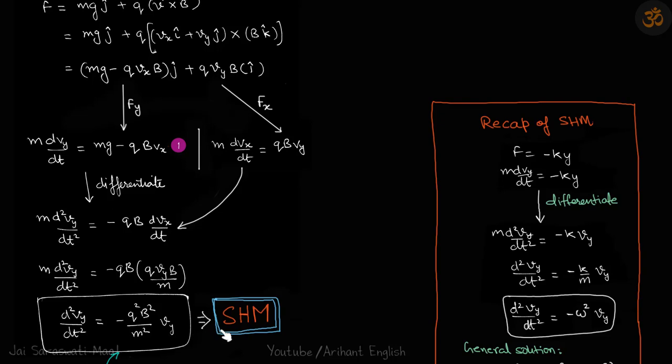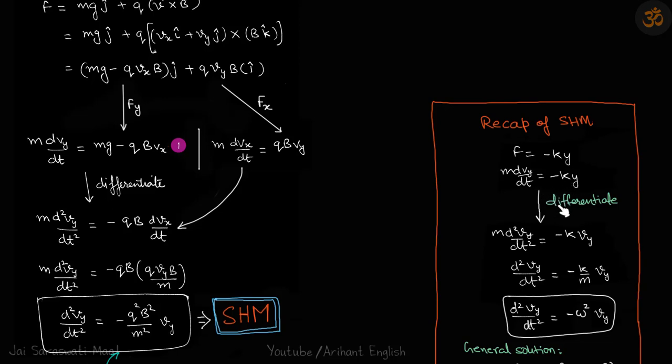Now this is an equation of SHM. How come? Let's see from what we already know of SHM. So a particle does SHM when the restoring force is proportional to displacement or force is equal to minus ky. So we can write this as m dvy by dt is equal to minus ky.